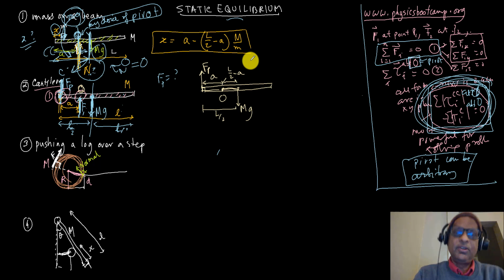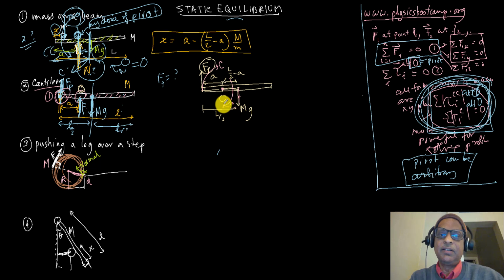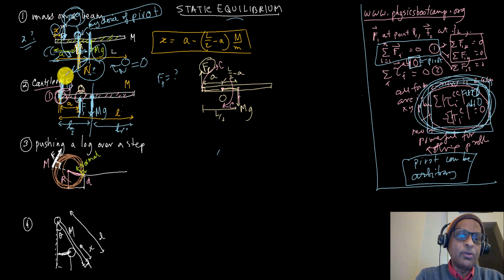Okay, so now if this is correct, then let's look: this one is trying to do clockwise, right? This is going to be counterclockwise. This one is also clockwise. So when I add them up, it's not going to be zero. Using physical sense, I had to come down correctly, right?